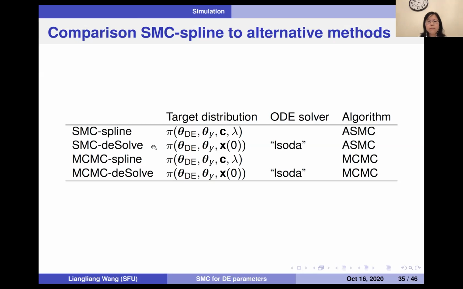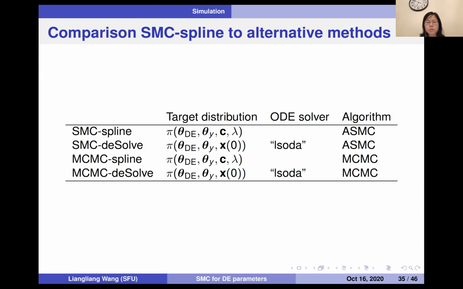So alternatively, we can estimate the starting state x of t and the parameters in the model, and then we can solve the differential equations using some ODE solvers, so that we get the x of t.